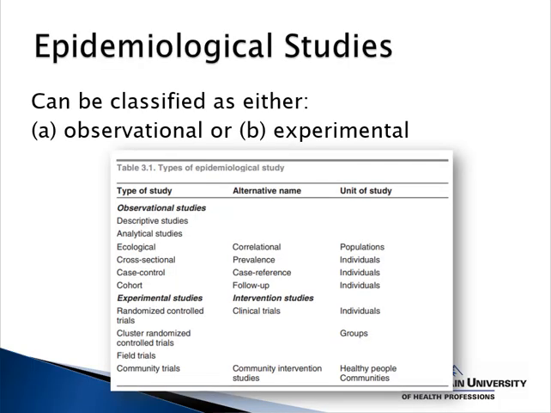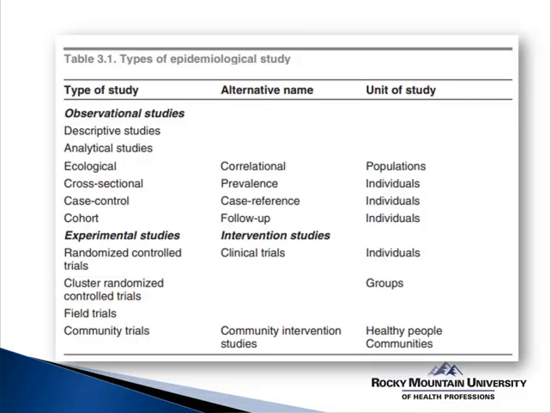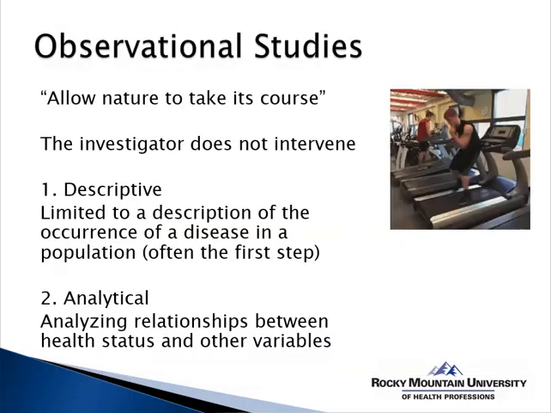Epi studies are classified as either observational or experimental, observational being another way of saying non-experimental. And here is a list of some of the different studies that we're going to be exploring today.